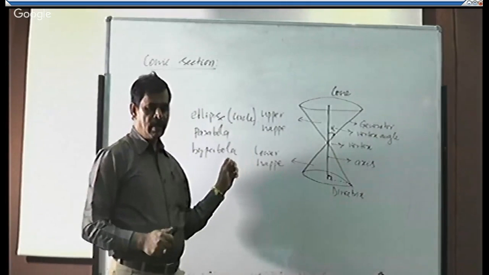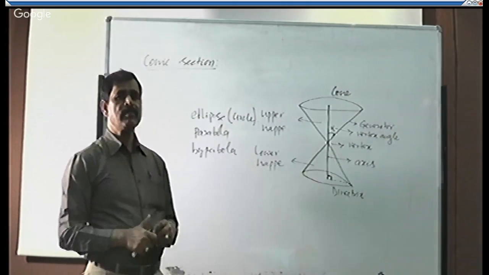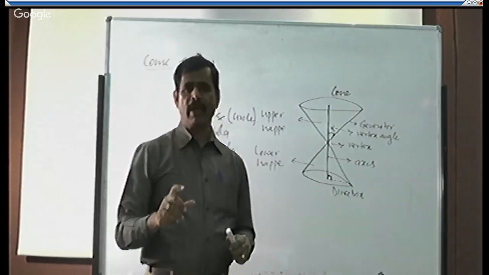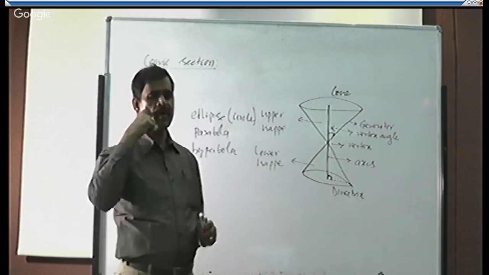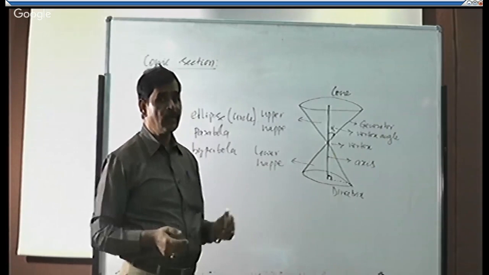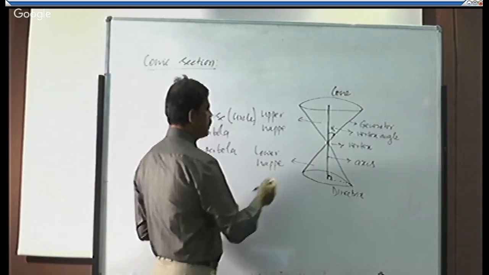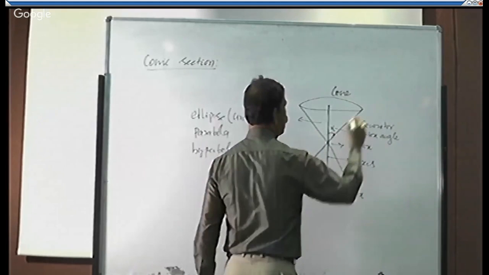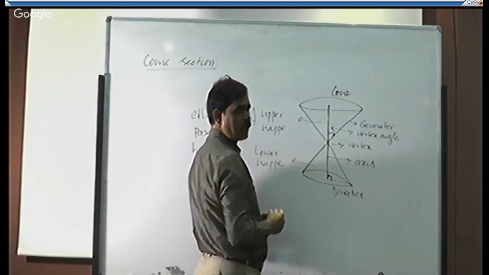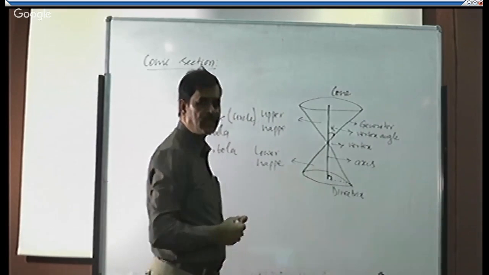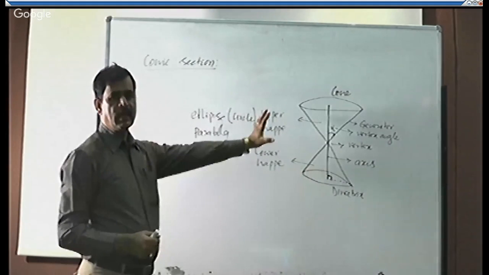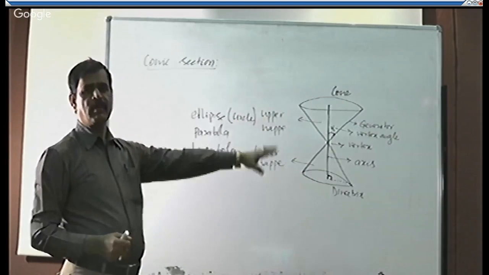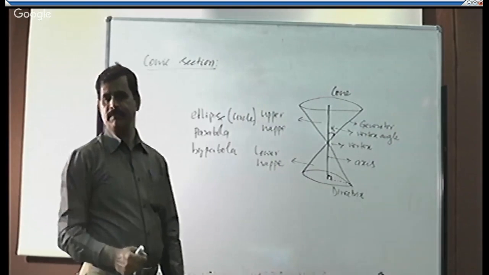You can observe how a circle is formed, how an ellipse is formed, how a parabola is formed, how a hyperbola will be formed. Because here I cannot show how the plane cuts, right? You just see this video, you can observe the clear formation of conic sections.